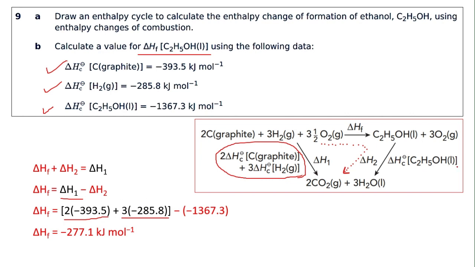Delta H2 right now is the combustion of ethanol. So combustion of ethanol, minus 1367.3, we can write here. So minus of this and minus of formation will make it positive. Later you can just solve it and you will get the final answer, minus 277.1, as the delta H formation of ethanol.